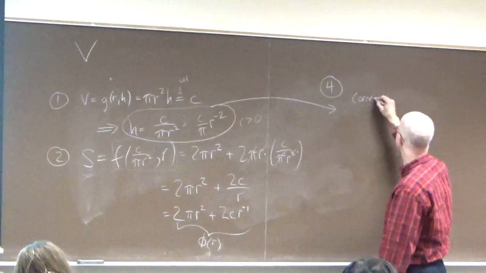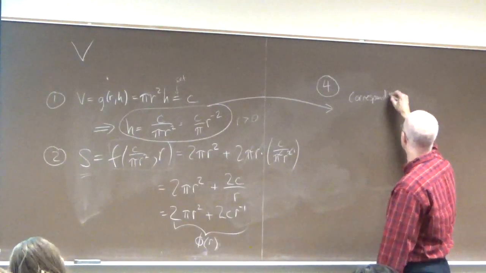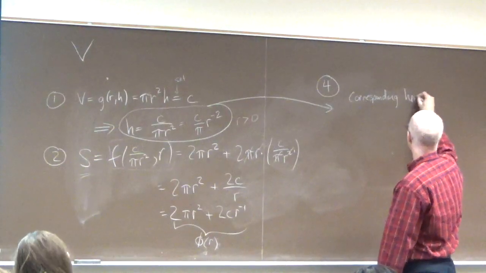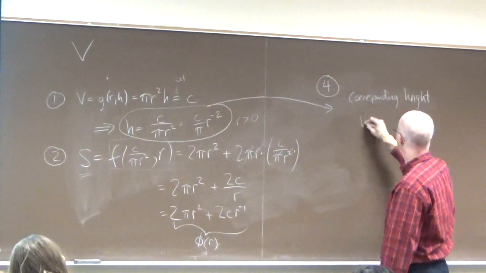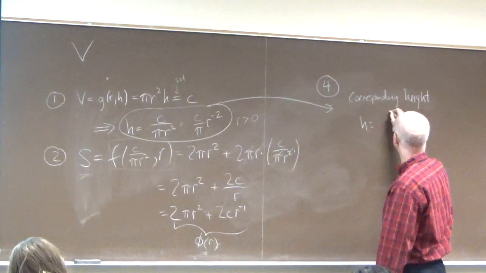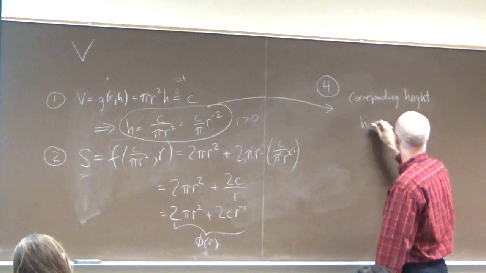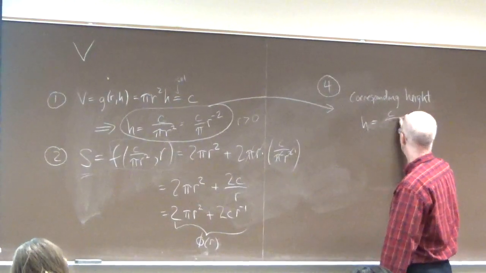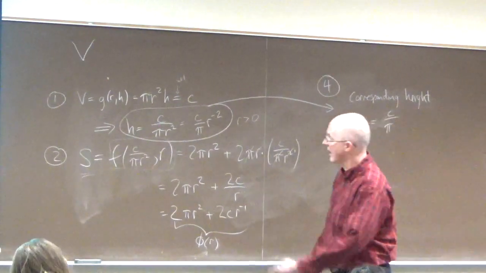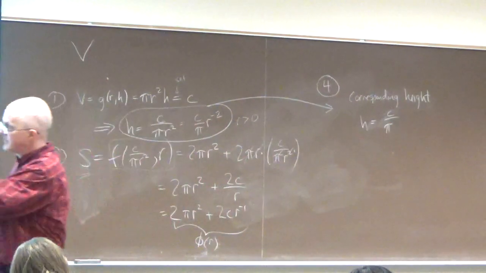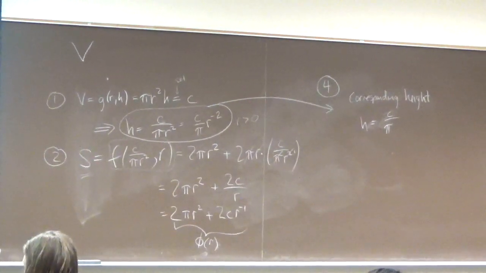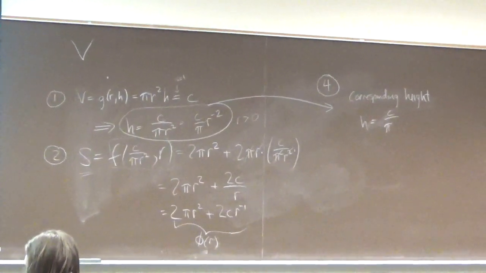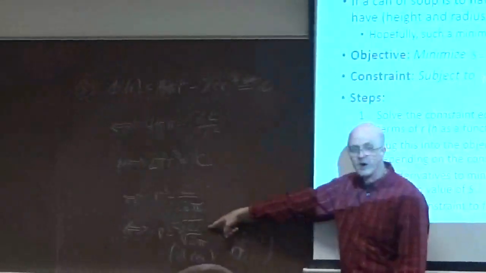Corresponding height h would be c over pi r squared, where for r I'm going to plug in that particular thing over there. See that again here? And this particular thing I'm going to plug in for r.